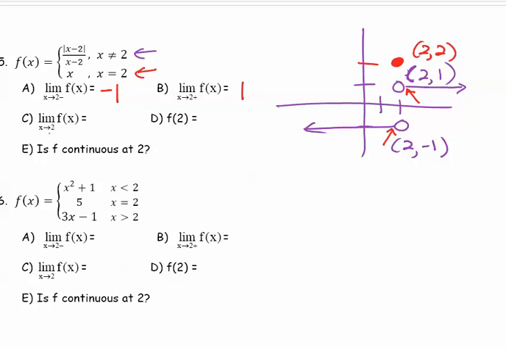The limit as x approaches 2 overall does not exist. F of 2, however, does exist. F of 2 is defined to be 2. So is it continuous at 2? No, and this one we would say has a jump discontinuity.